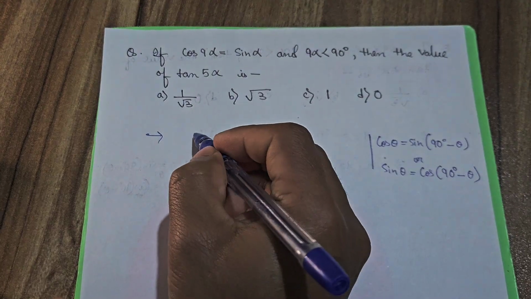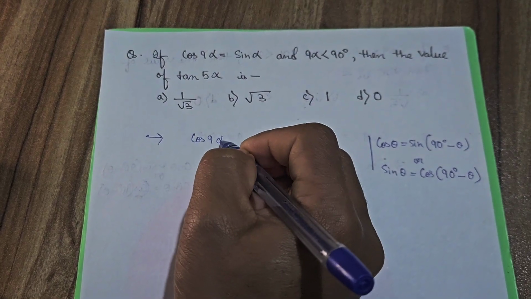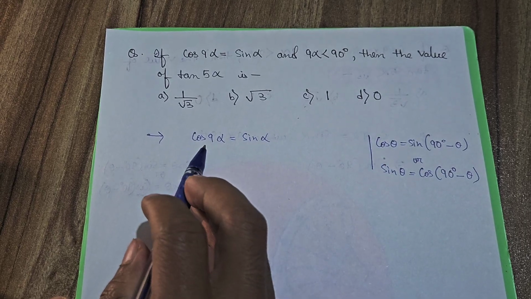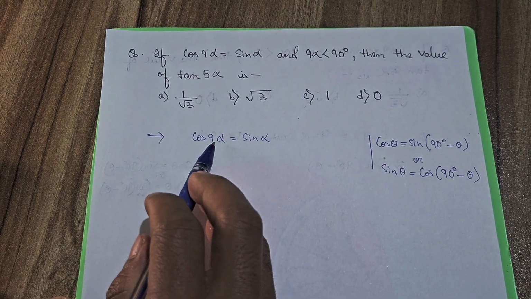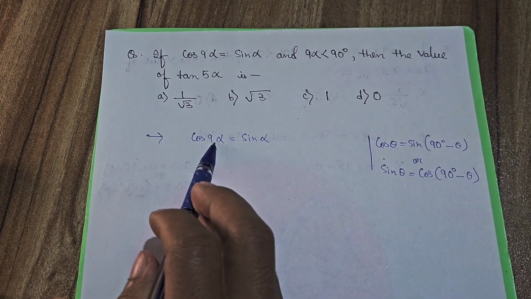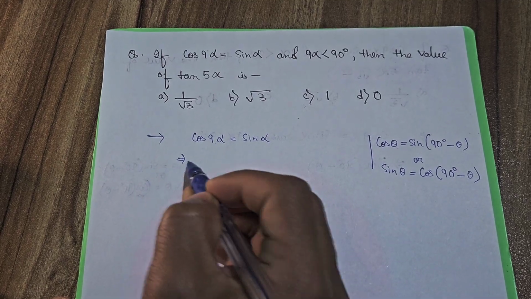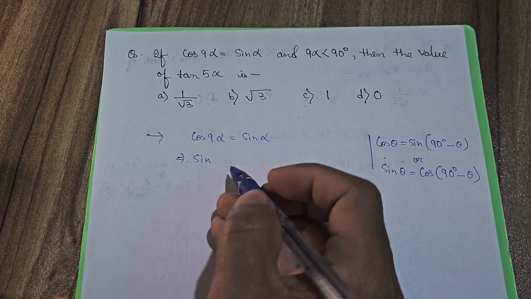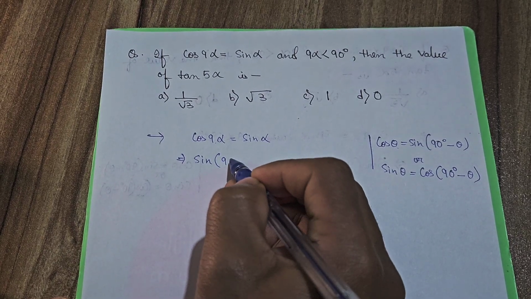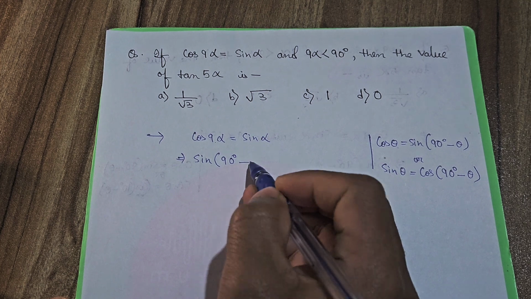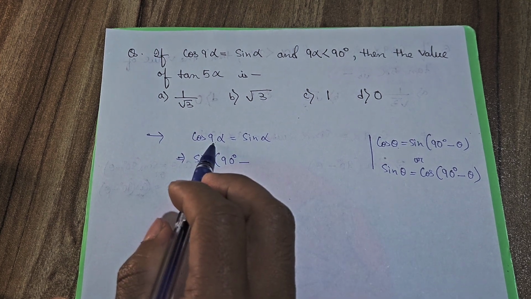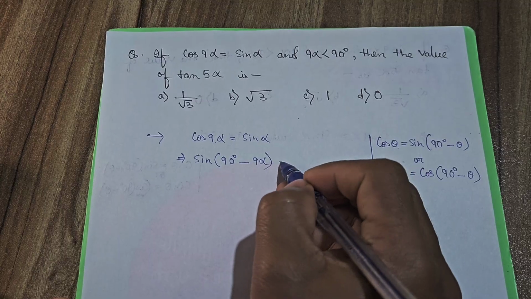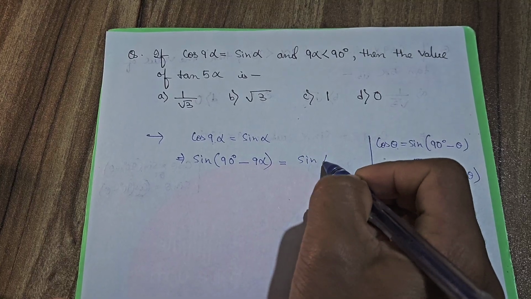As in the question, cos 9 alpha equal to sin alpha is given, we are going to substitute here, and here theta is 9 alpha. By using the identity, sin of 90 degrees minus 9 alpha will give sin alpha.